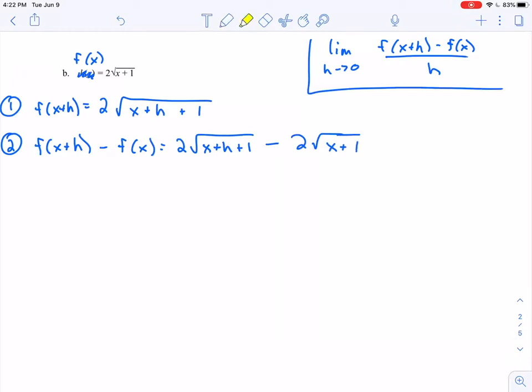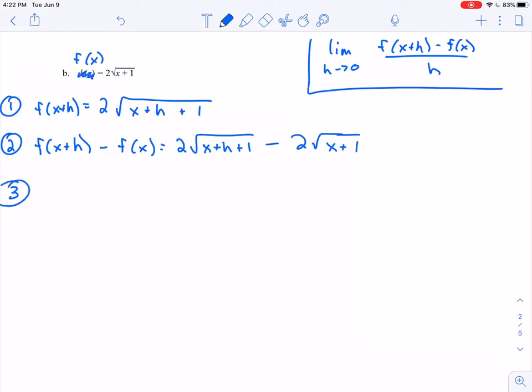And again, I actually can't do anything with this, right? The radical that follows that first 2 is different than this radical right here, which means they're not like terms. I cannot combine these two things. There's nothing I can do here. So, okay, this seems fairly straightforward. Move on to step 3.